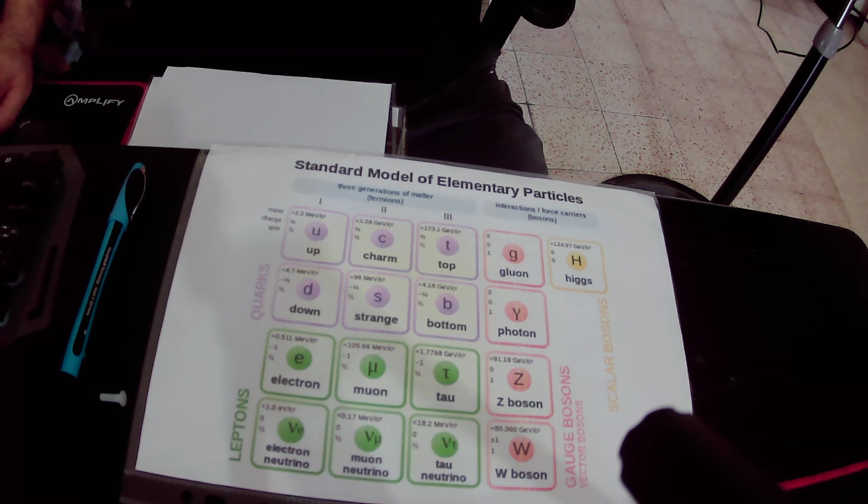And the 13th particle is not in this table. It is the graviton particle that carries the gravitational force. Actually, the graviton is not discovered yet, but the scientists believe that it does exist.